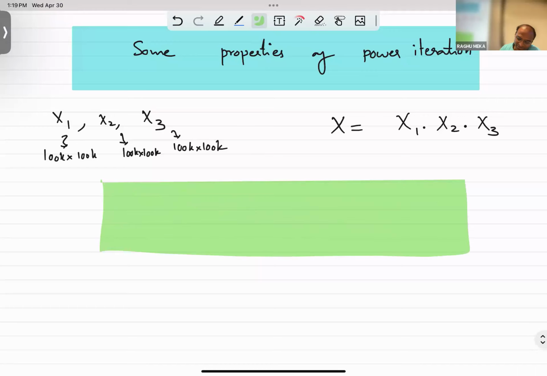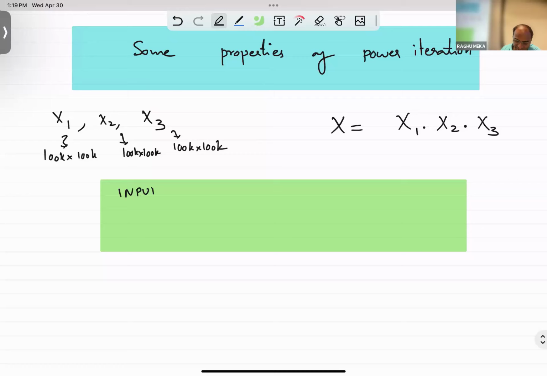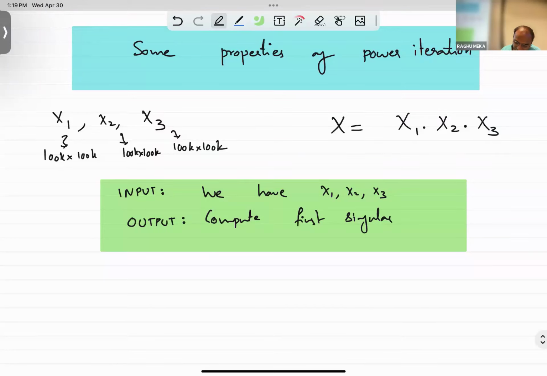It's kind of made a puzzle, but it'll illustrate a very important point that is useful in practice. So suppose I have matrices x1, x2, and x3, and our goal is to compute the first PC of the matrix x1 times x2 times x3.